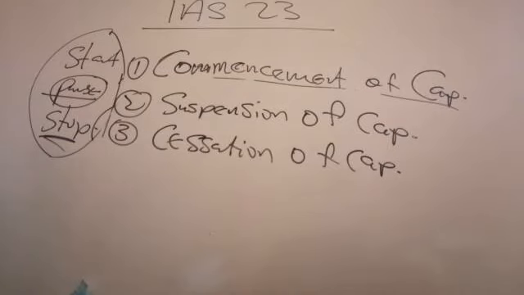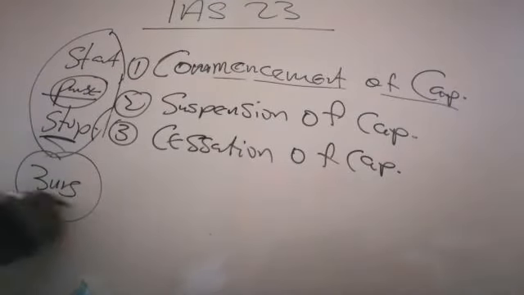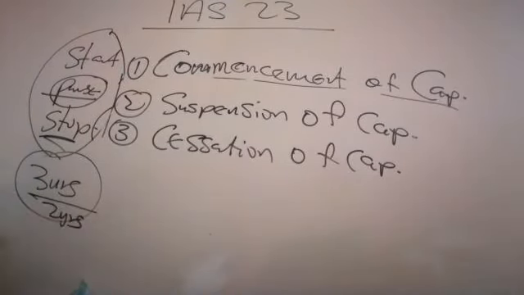Even though you may still incur borrowing cost, because let's assume that you pick a facility for 3 years and construction took the first 2 years to finish. So for the remaining one year, that year's borrowing cost, do not capitalize it.